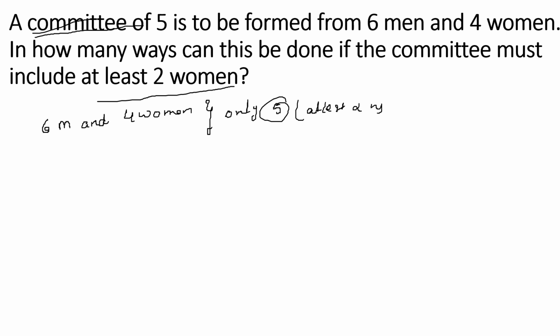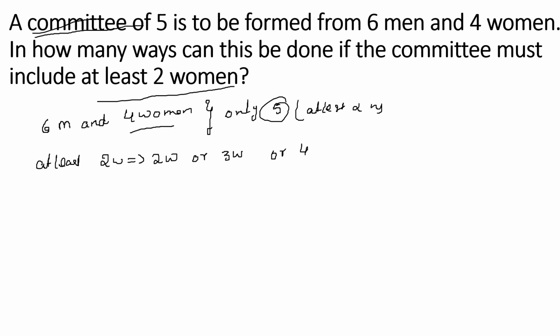Now, at least 2 women implies either you can have 2 women, or you can have 3 women, or you can have 4 women. You cannot have 5 women because there are only 4 women maximum.